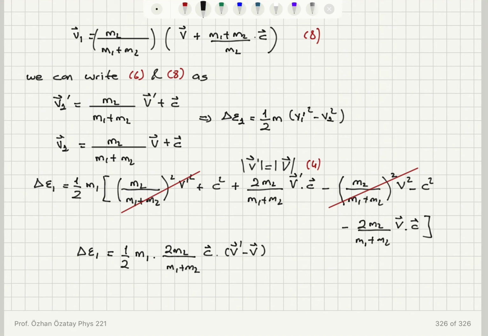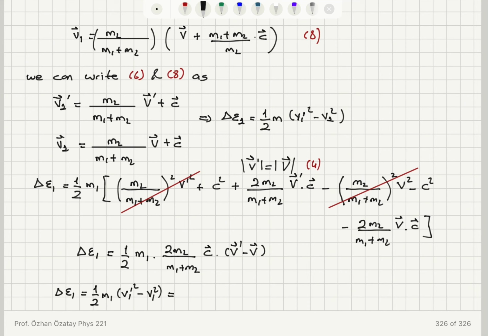minus V. So we see that we can write this equation as the change in kinetic energy of the first atom, 1 over 2 m1 (v1 prime squared minus v1 squared).